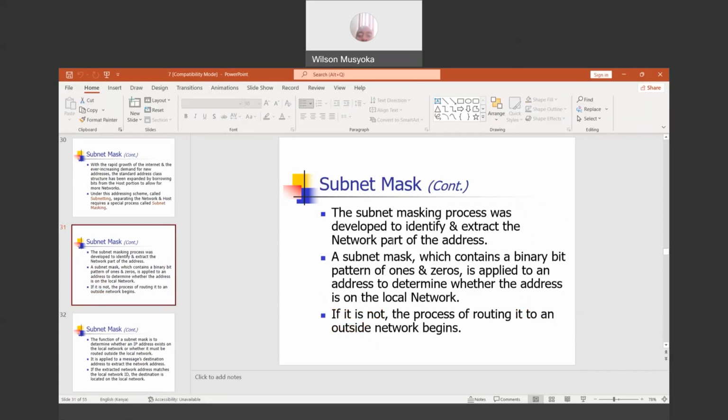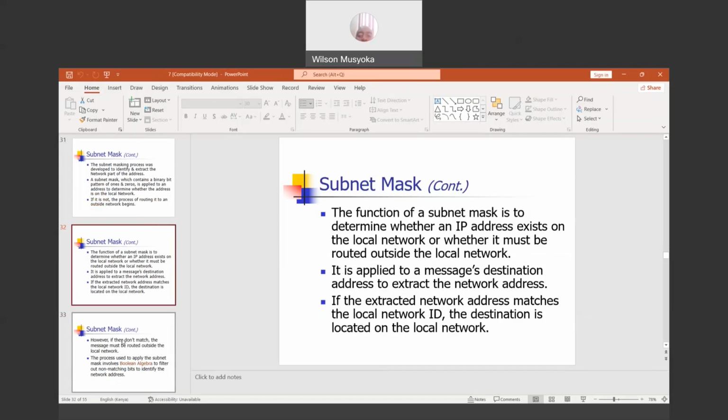A subnet mask contains a binary bit pattern of ones and zeros, and is applied to an address to determine whether the address is on the local network or not. If it is not, the process of routing it to an outside network begins. So that is the basic concept in subnetting.